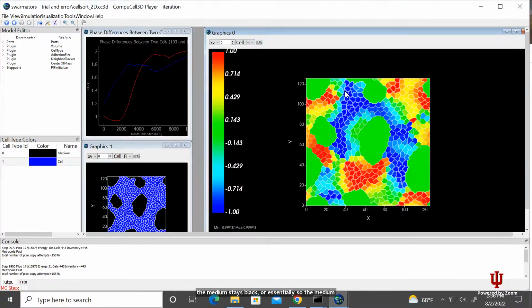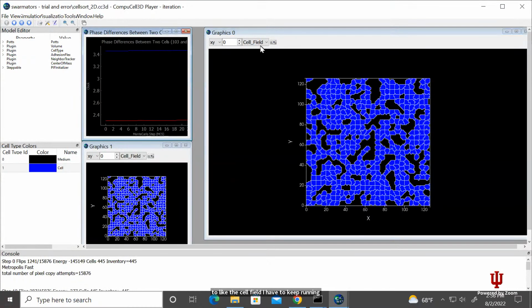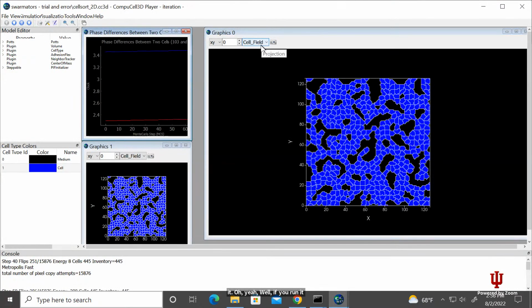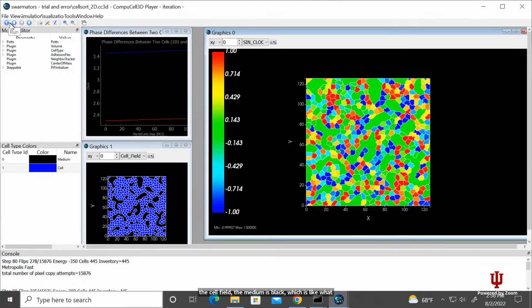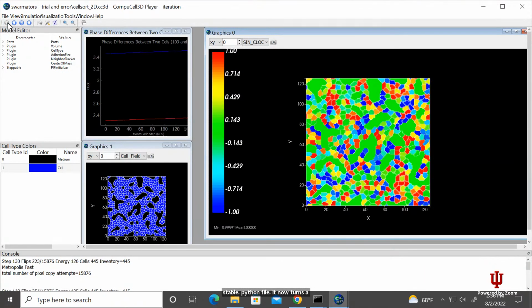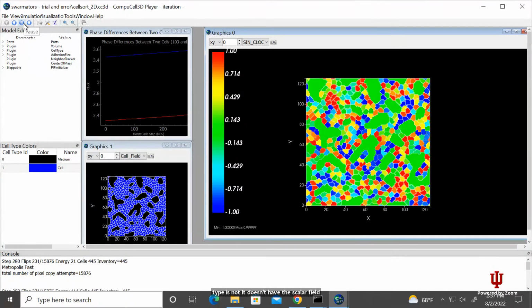If you look at the cell field, the medium's black, which is what I'd ideally want, but as soon as I change it to the new scalar field that I applied in the steppable Python file, it turns green. I didn't know if there's a way to make sure the medium cell type doesn't have the scalar field applied to it. Does my question make sense?